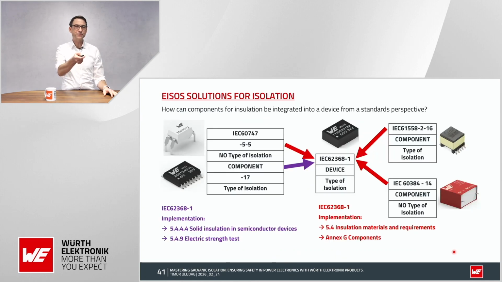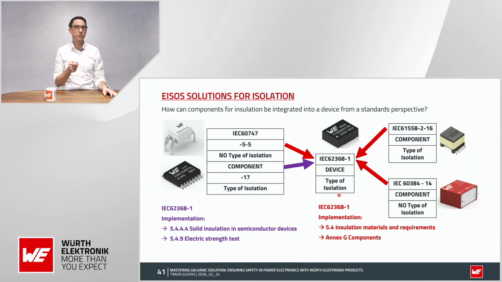As you know, we have the device standard IEC 62368-1. The device standard is for bigger applications. That means products like a capacitor, a transformer, a digital isolator, or an optocoupler will be integrated in an application, and this application will then be certified according to this standard.